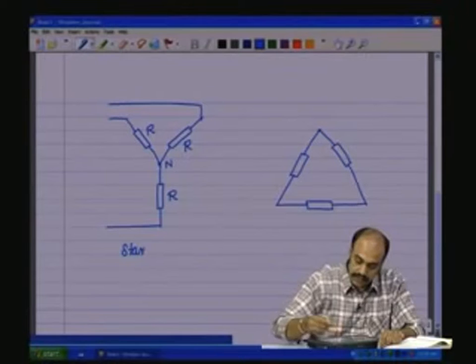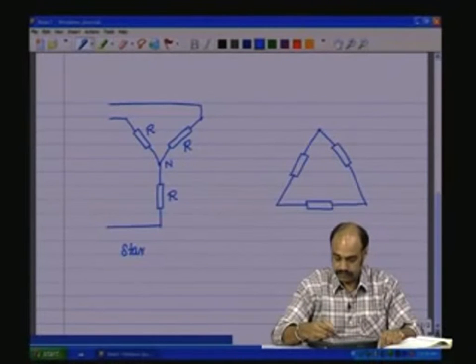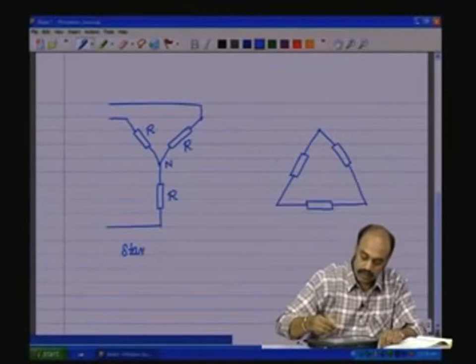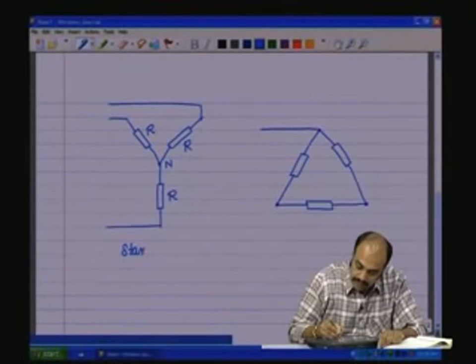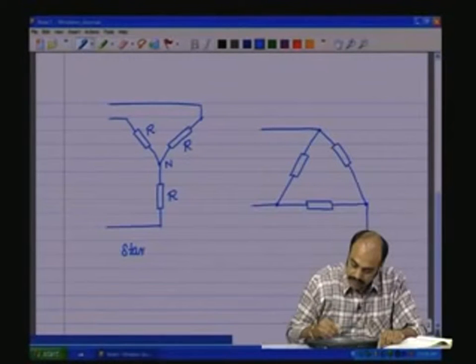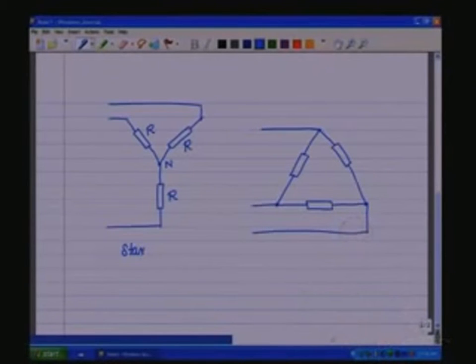The one end is connected to the other load, the other end of the other load is connected to the next component, and so on, which forms a kind of a ring or a delta as shown. And these points are brought out and connected to the sources. So, this is the delta circuit. Now, these two circuits have different voltage and current relationships, which we shall discuss in this coming class.